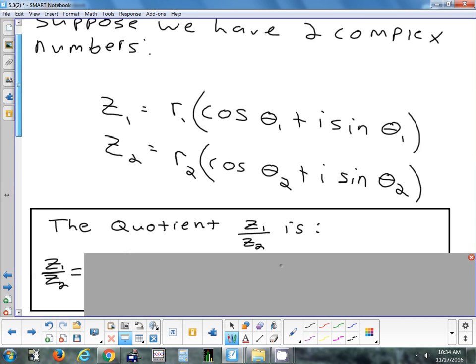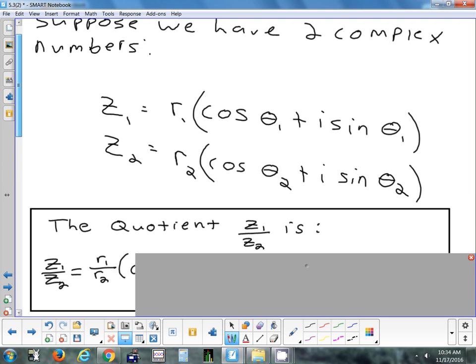Okay, anyone have a guess what the formula for dividing them is going to be, based on the formula for multiplying them? Jake. Exact opposite, dividing the r's and subtracting the angles. Yeah, this time you're going to divide the radii.